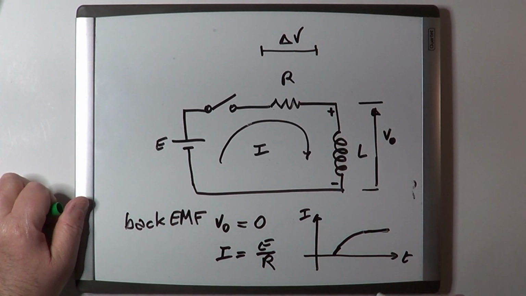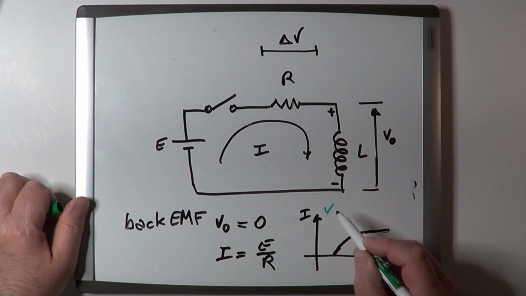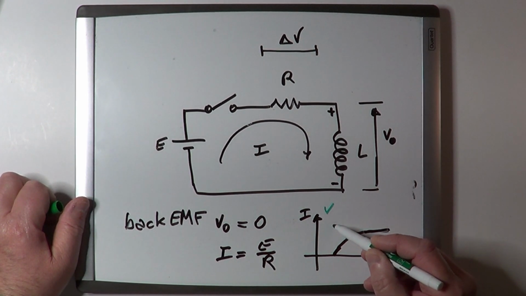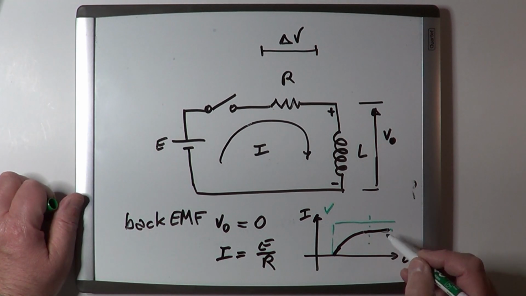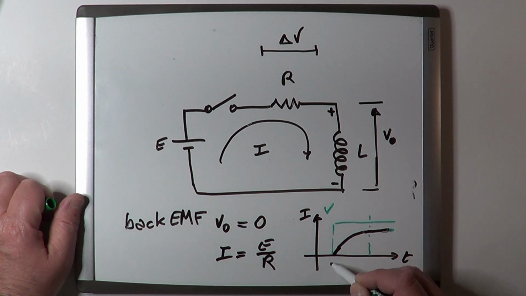So in black we have the current that flows to the circuit. If we want to represent the V in this same diagram, we could do it this way. And we can see that the current does not reach its maximum value until after a certain amount of time after the voltage has done it.